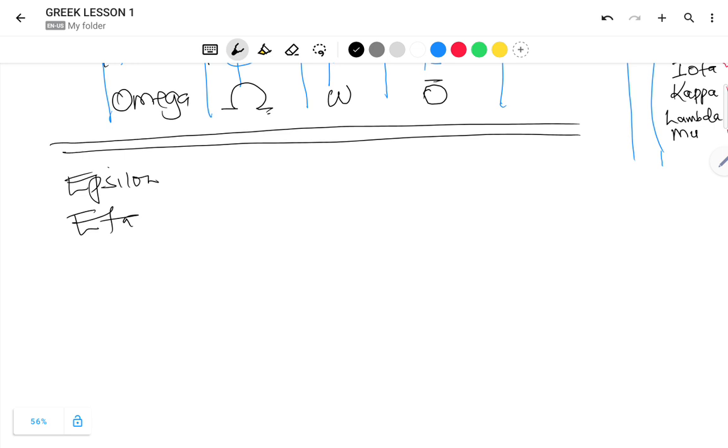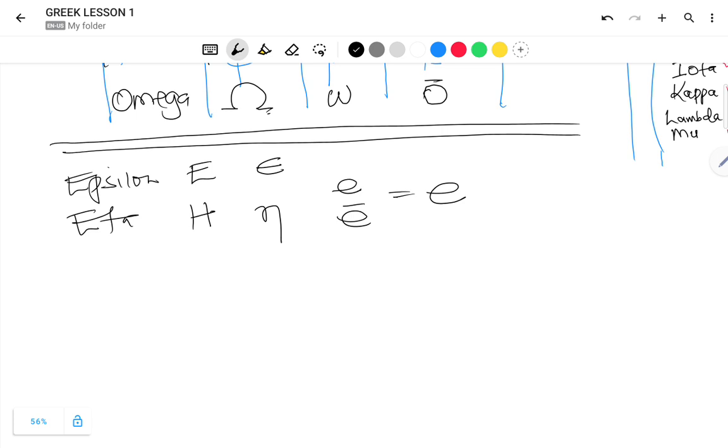Epsilon, uppercase and lowercase, is equivalent to E. Eta, which is written like an H but then like an N, is also equivalent to the English E. The difference is when it is epsilon, it's written like this. Eta is written like this with a bar. And so both of these are the same letter, just when there's a bar, it's giving an emphasis.